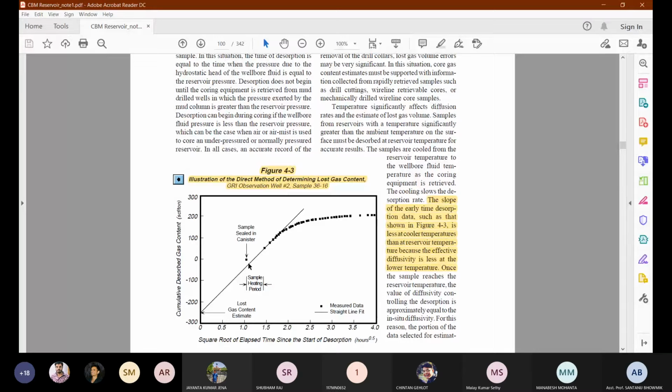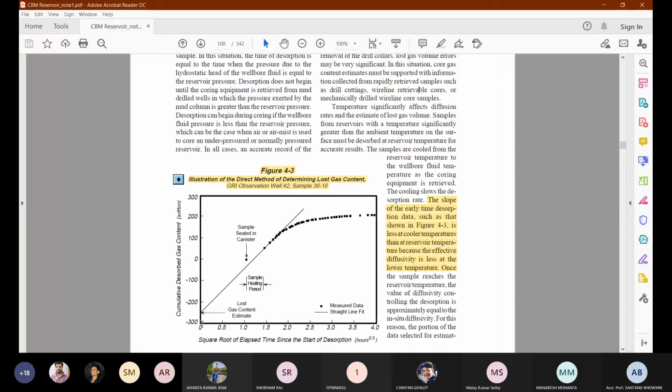Because the time should be put at 0 when you open the core barrel, because that is the point where you actually reduce the pressure to atmosphere, and the gas desorption process actually starts. Okay, so that would be the point 0, but you cannot take that point, so you are putting the 0 by stopwatch so as to estimate.